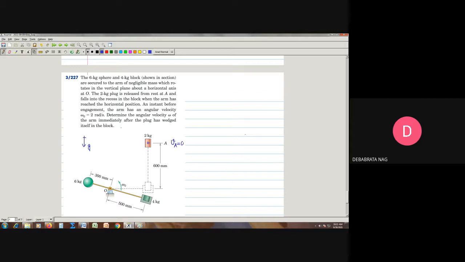And it falls into the recess in the block when the arm has reached the horizontal position. So the motion of this one and this one are synchronized.